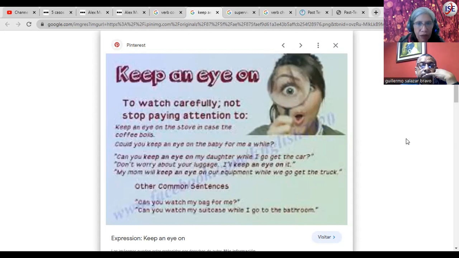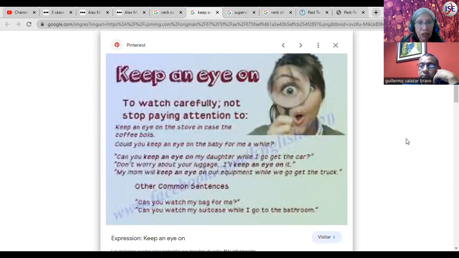Could you keep an eye on the baby for me a while? Can you keep an eye on my daughter while I go out to get the car? Don't worry about your luggage, I keep an eye on it. My mom wants to keep an eye on our equipment while we go to get the truck. Other common sentences: can you watch my bag for me? Can you watch my suitcase while I go to the bathroom?